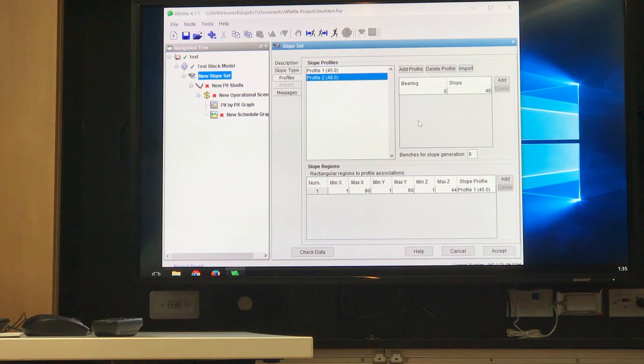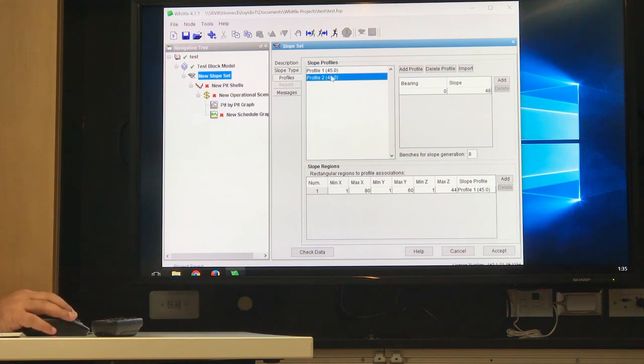Let's say for 40 meter, and then after 40 meter, the rock becomes less weathered. It's becoming a kind of bedrock, a competent rock. So we want to assign different profiles to them. For the first 4 benches, I'm going with a profile of 45 degree, and for the remaining of the pit, I'm going to assign a higher slope angle.